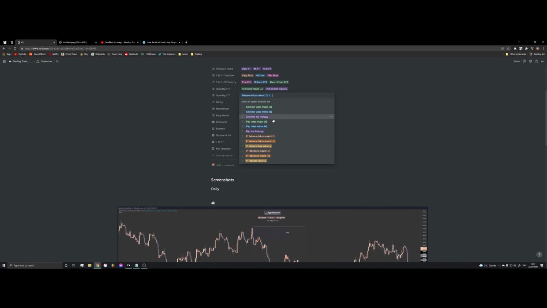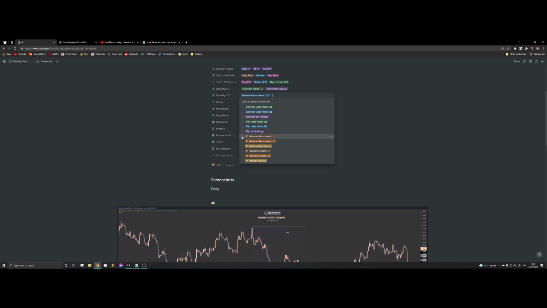And then the same again: major liquidity, minor, and inducement, but for the flip this time. And then this is another thing which is something personal of mine. P stands for peripheral. I've got two main entries, being inceptive entry and peripheral entry.